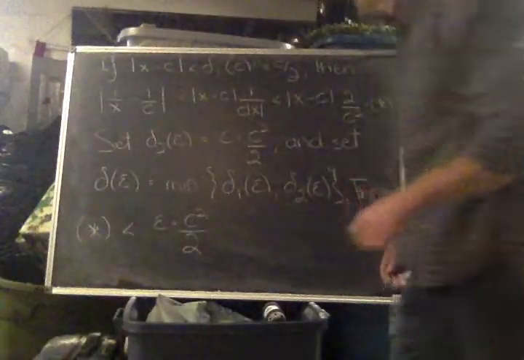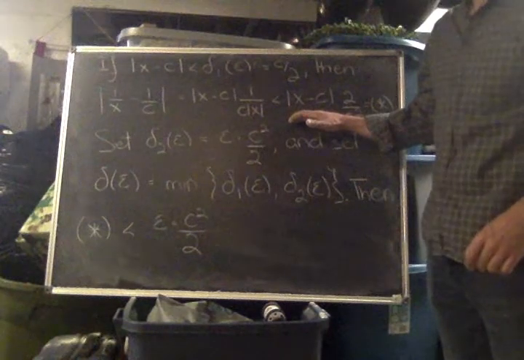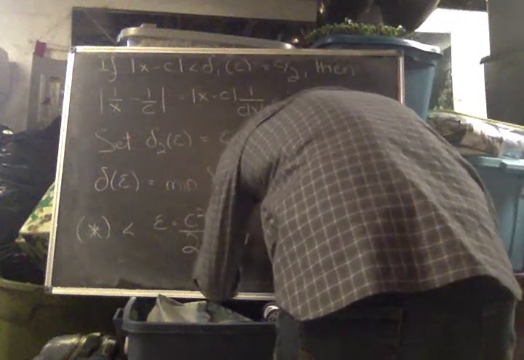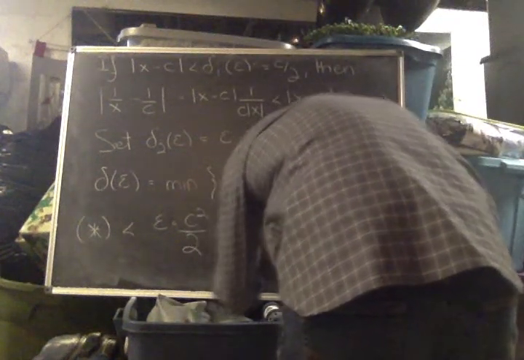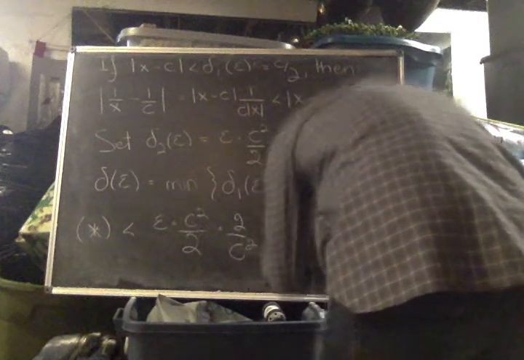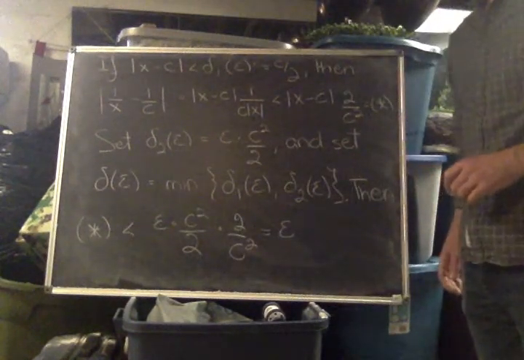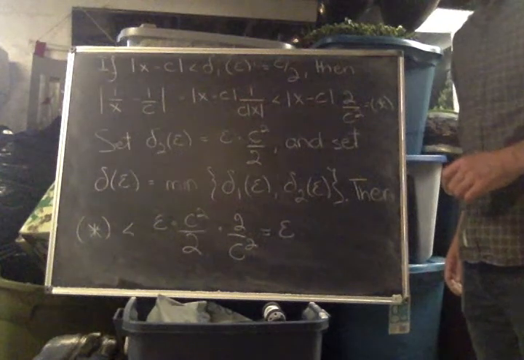So that's just us replacing the absolute value of x minus c with delta 2 times 2 over c squared, which is, of course, just equal to epsilon. Okay? And that's what we needed.